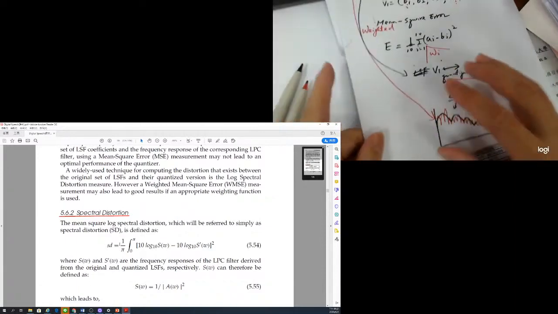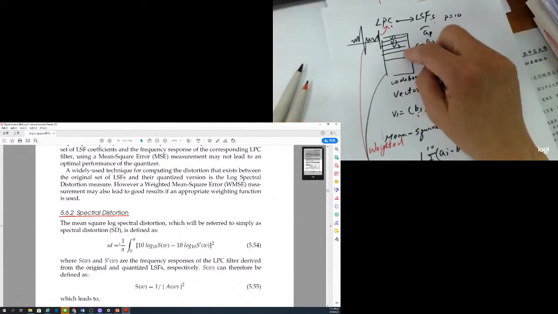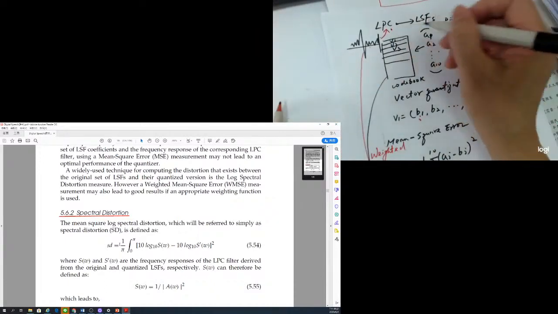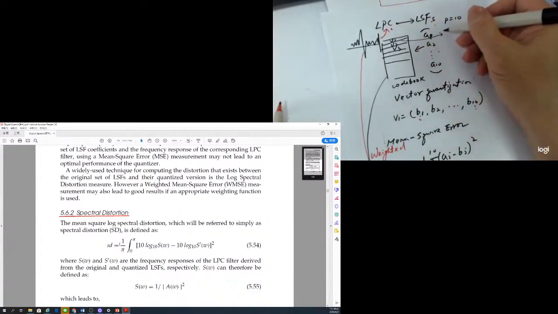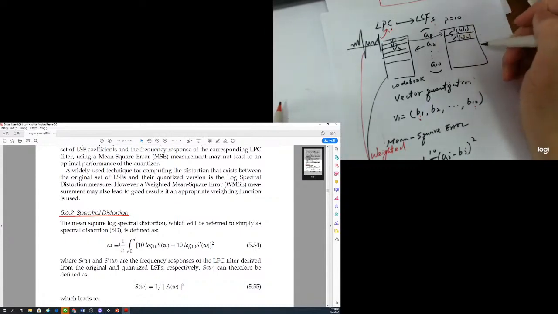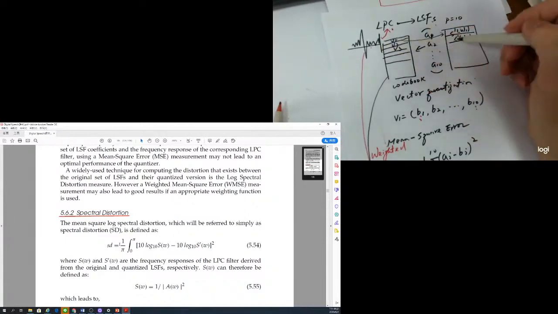So we base it on each codevector. We can construct this early because the codevector is well defined. Maybe we do not store the codevector, we store their envelope: S prime W1, S prime W2, many vectors corresponding to their spectrum envelope. We use the original spectrum to calculate distortion.